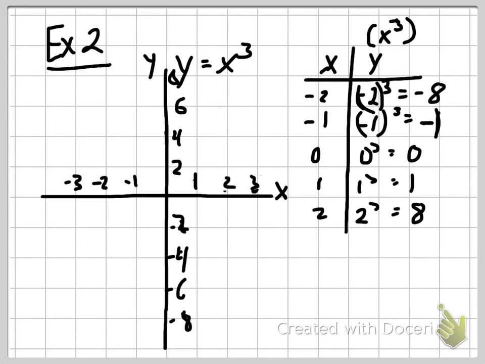Okay, so -2, I had -8, plot that point. -1 was -1, 0, 0, 1, 1, and then 2, 8. So now for this curve, you'll notice it does not form a parabola, it doesn't form that U shape, but it is still a curve. It's not a straight line function. It's nonlinear.